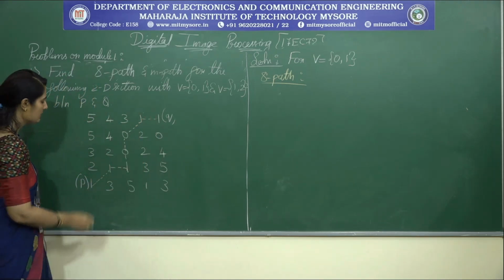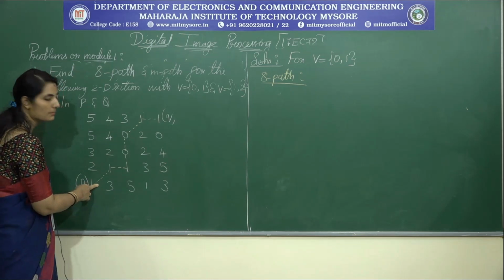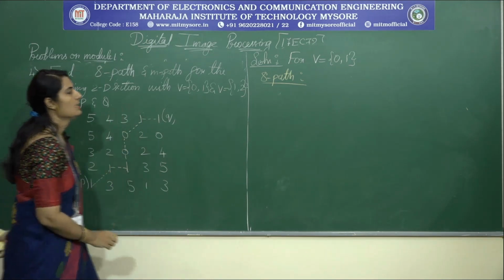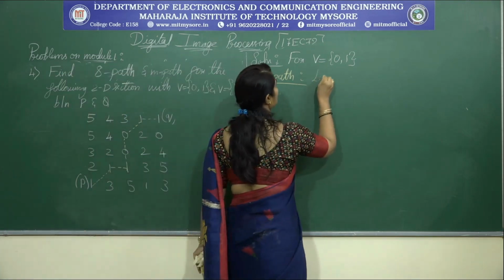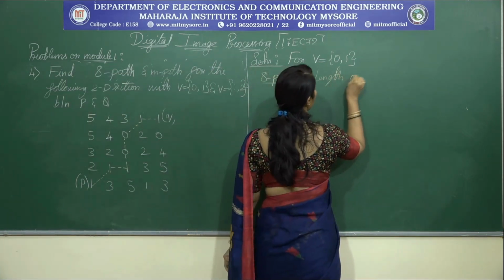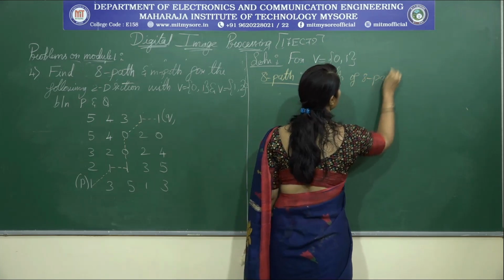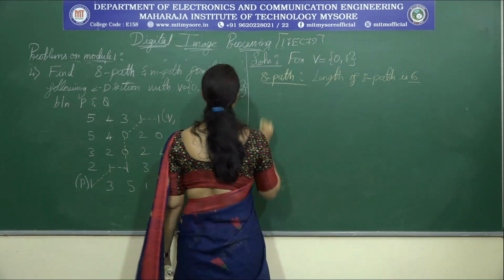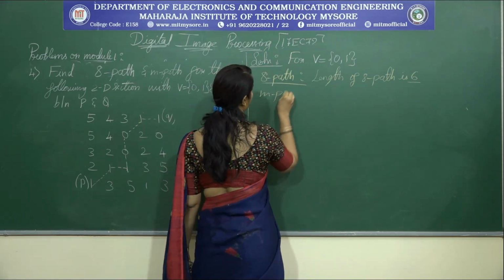So what is the length of this 8 path between P and Q? 1, 2, 3, 4, 5, 6. So the length of 8 path is 6.